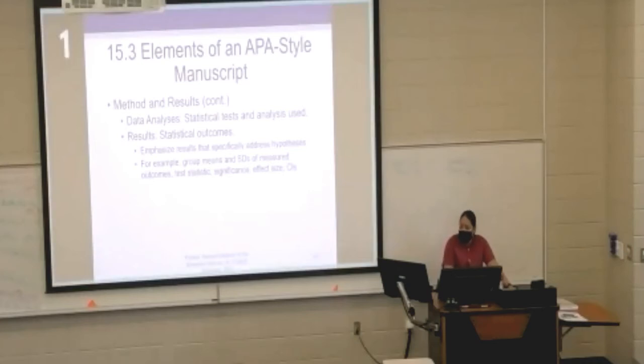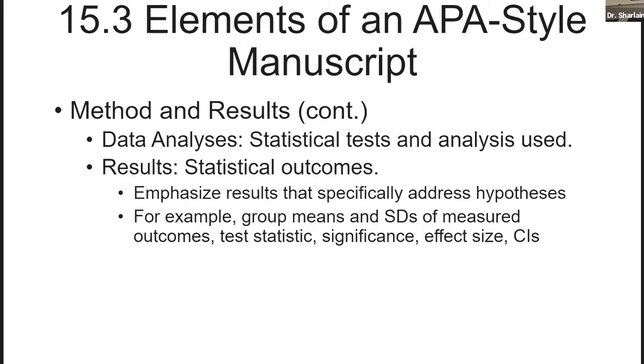Now, within the methods, we're also going to find data analysis. So you're going to tell me, how did you find out this correlation? How did you study the impacts of X towards Y? How did you do the coding for that interview?